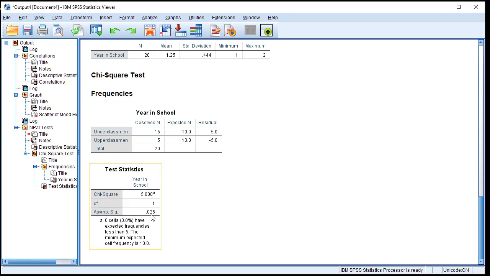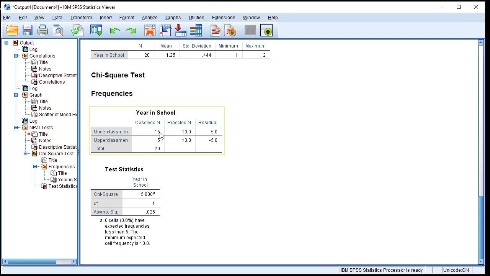Our significance is 0.025, meaning that the significance of our chi-square value is less than 0.05, so that means we have a significant difference between our expected and observed frequencies. As a matter of fact, we have many more underclassmen and many fewer upperclassmen than what we would expect. When we only have two groups, this proportion is going to change the same.